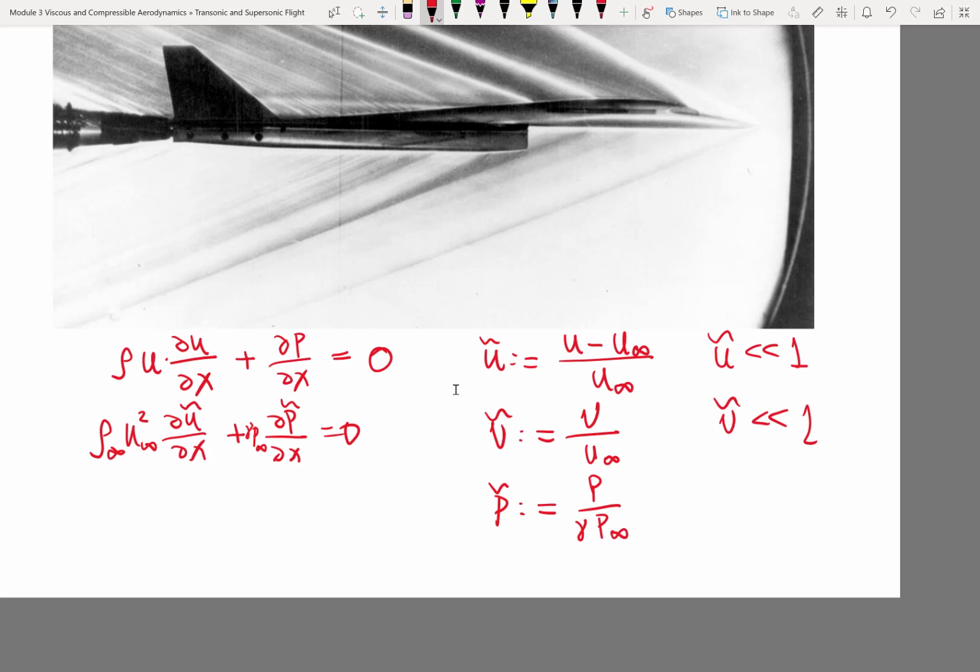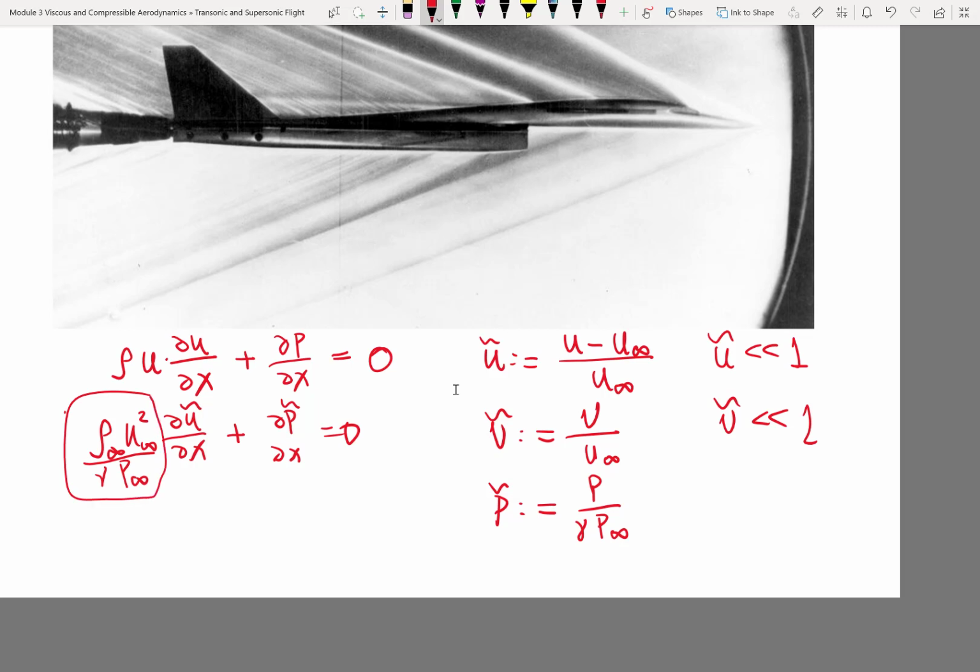Okay, got it? Now, let's just get rid of these terms by dividing both sides by gamma p infinity. What do I get? So if I divide it by gamma p infinity, this is gone, and this is gamma p infinity.